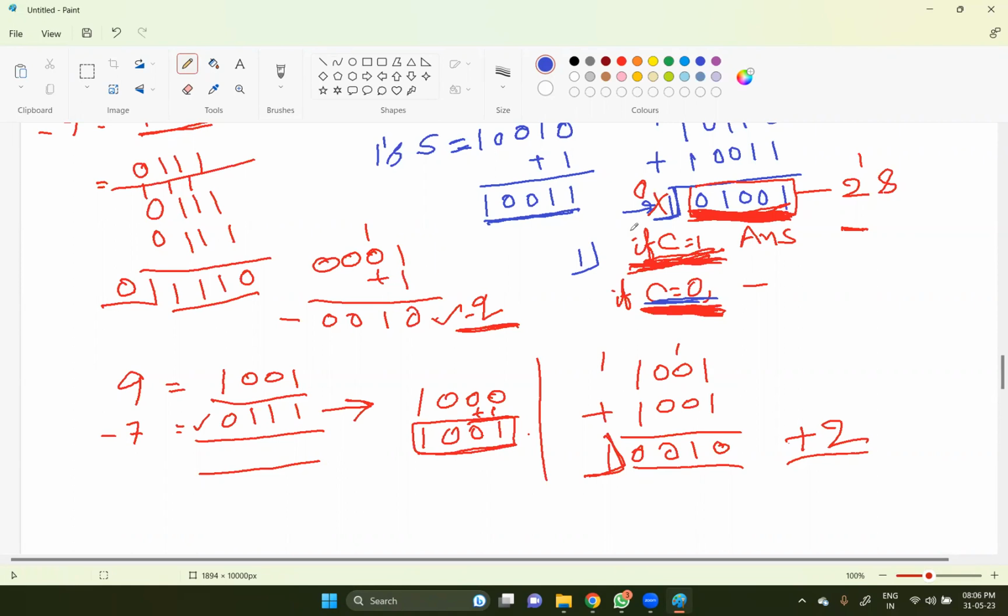Yeah. So how to draw the logic diagram for the same? The logic diagram can be drawn something like this here. Please remember this.